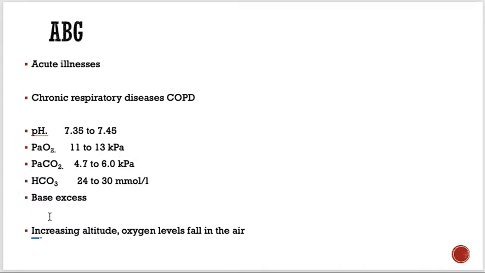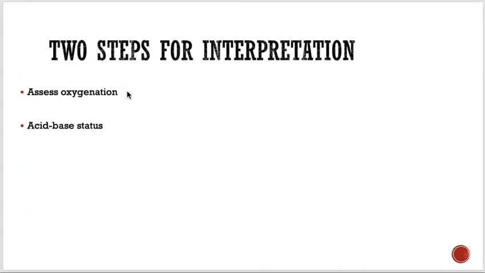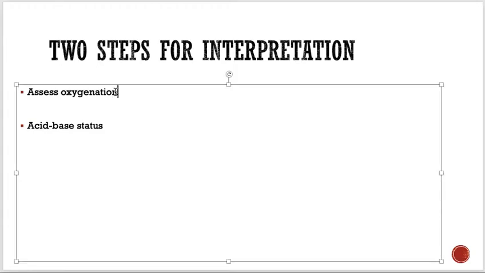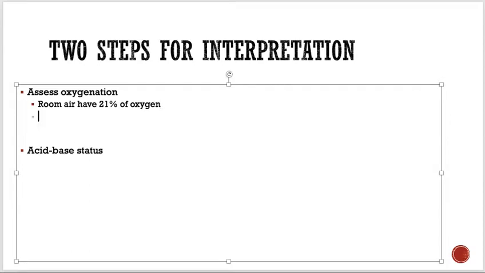So just to tell you the concept of this thing, room air has 21% of oxygen, right? I think it's very easy to remember. It's general knowledge, by the way.